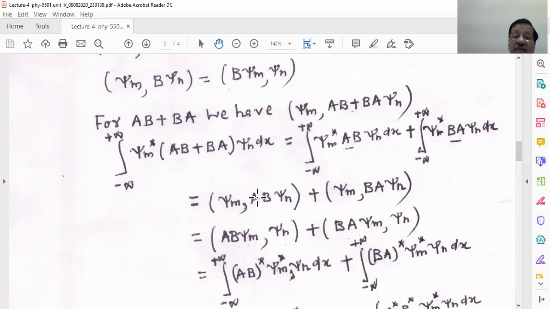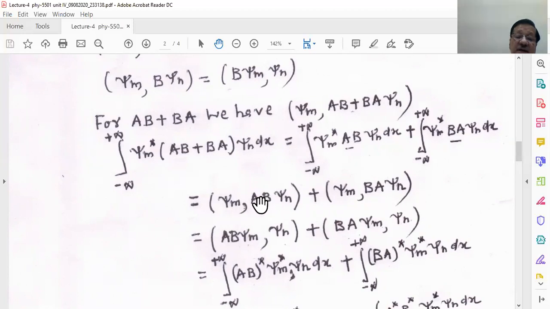So now if AB is the Hermitian operator, then this scalar product can be rewritten, because here your operator is associated with the second factor of the scalar product. If it is Hermitian, then it should be associated with the first factor.